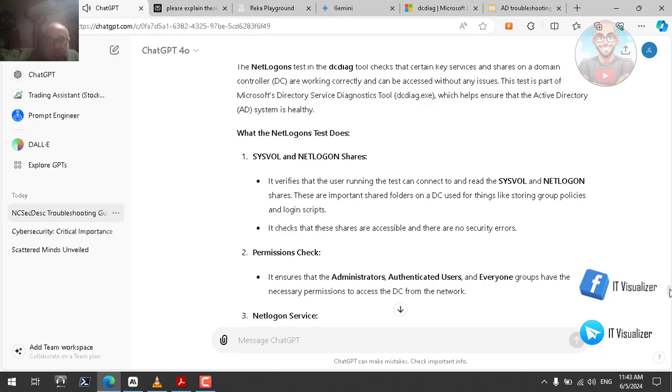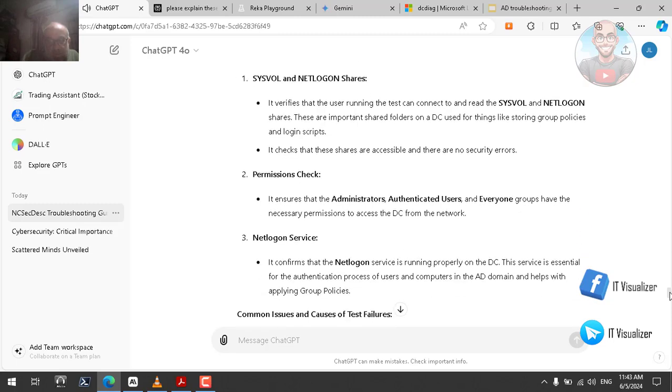1. Sysvol and Netlogon shares. It verifies that the user running the test can connect to and read the sysvol and Netlogon shares. These are important shared folders on a DC used for things like storing group policies and login scripts. It checks that these shares are accessible and there are no security errors. 2. Permissions check.